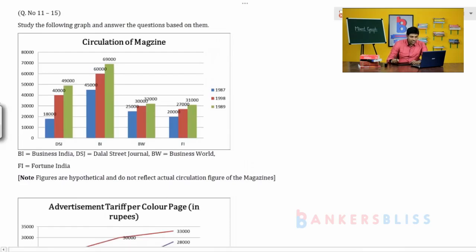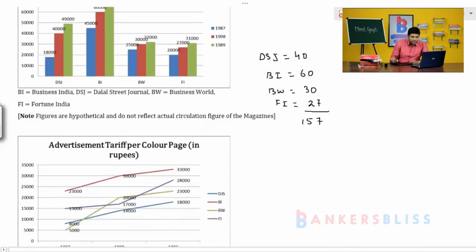DSJ, Dalal Street Journal, is 40,000. Next, BI is 60,000. Next, BW is 30,000. Next, FI 27,000. So altogether you are going to get 1,57,000.